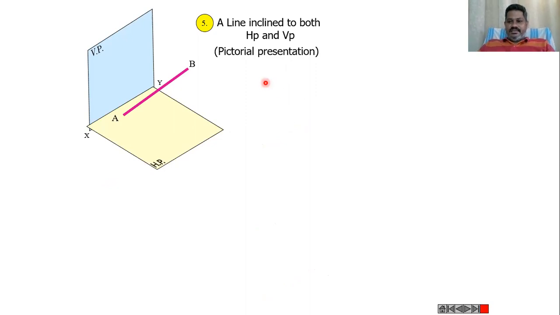In the fifth case, the line is inclined to both HP and VP, that is, to both the vertical as well as the horizontal planes. To this we have to draw the projections. This is our intention. The observer is observing here for the front view, and for the top view, he is exactly perpendicular to the HP, perpendicular to the VP.